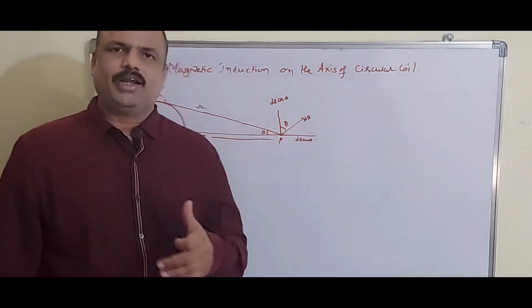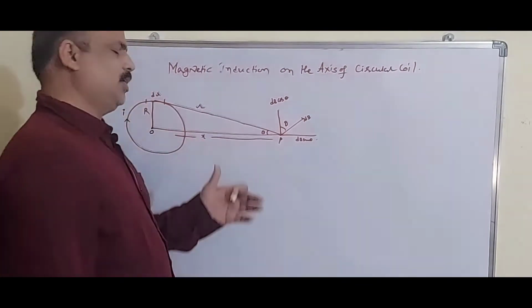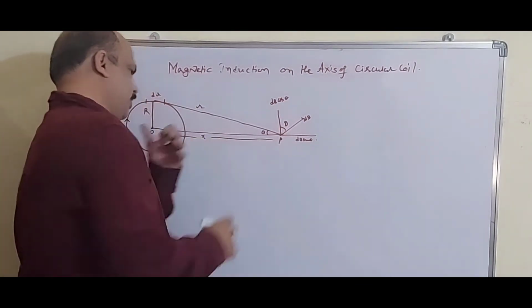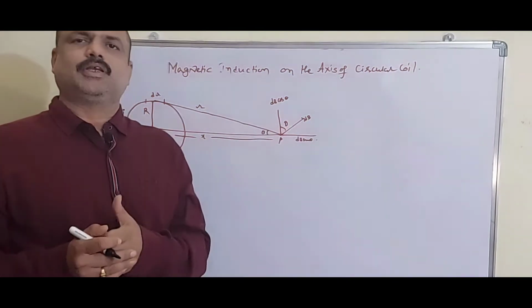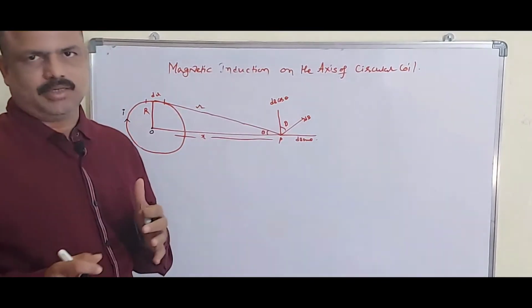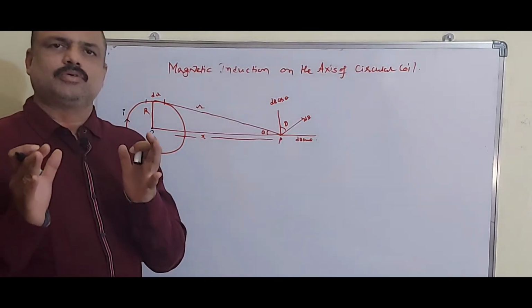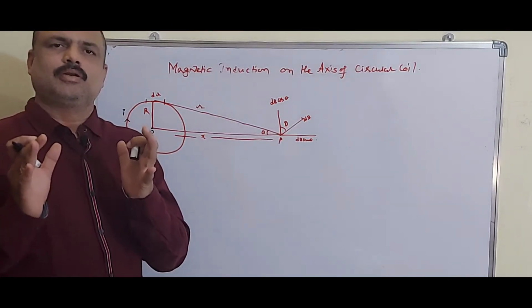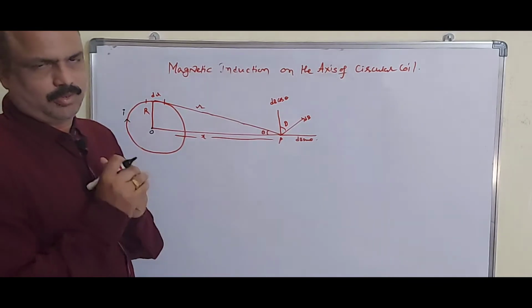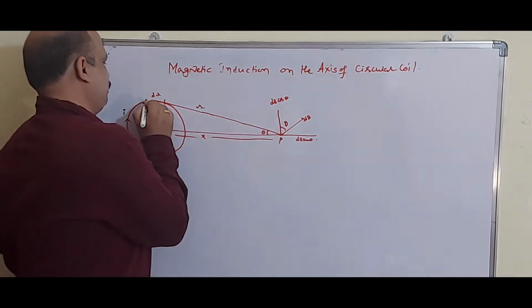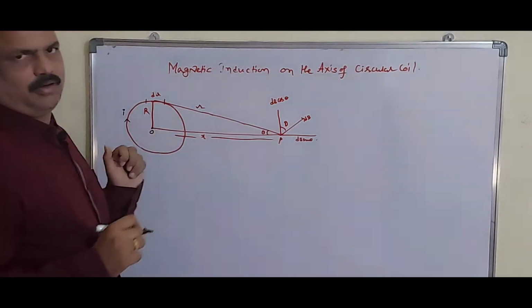Now to find the magnetic induction at point P due to the entire length of the circle, let us assume that this circle is divided into small elements. Let us take one element of length dl.